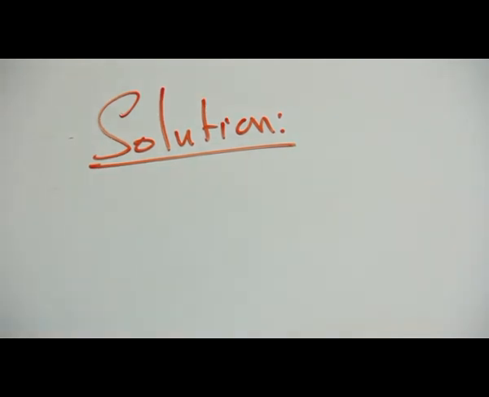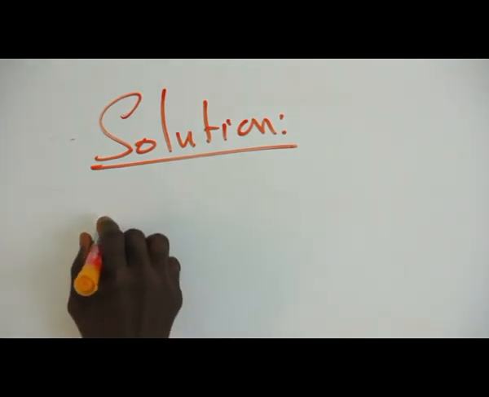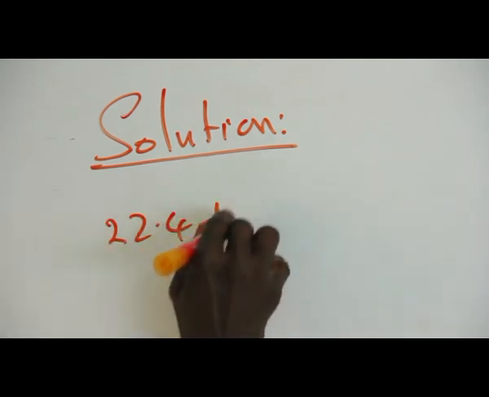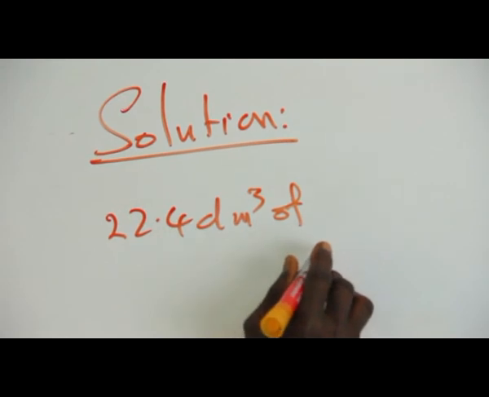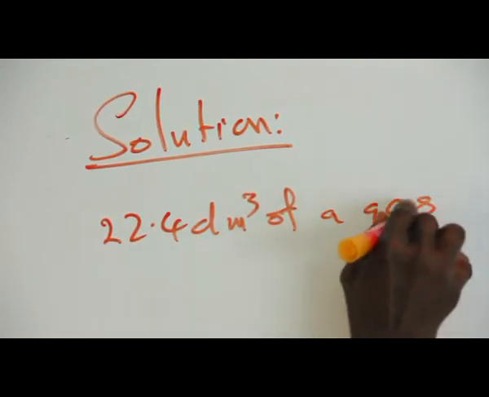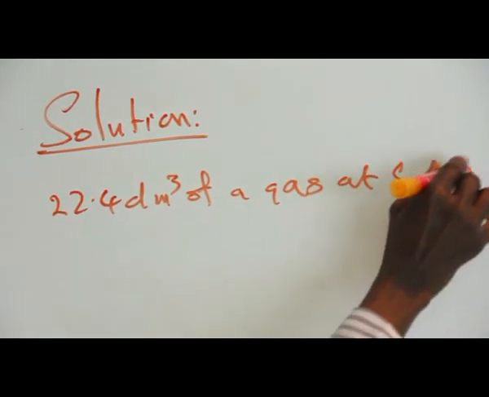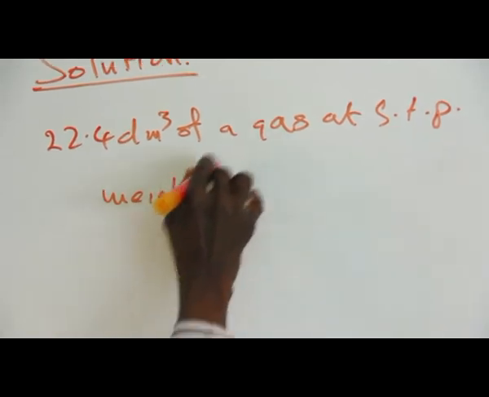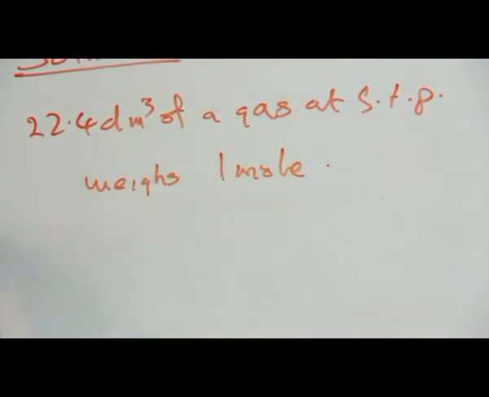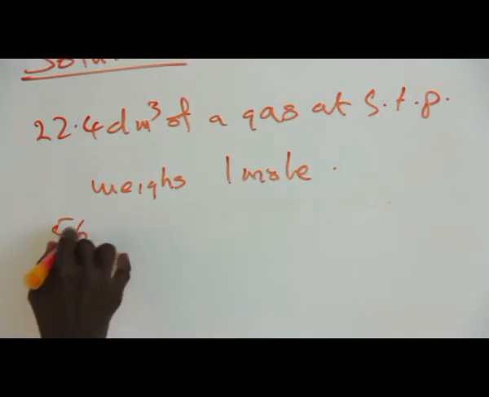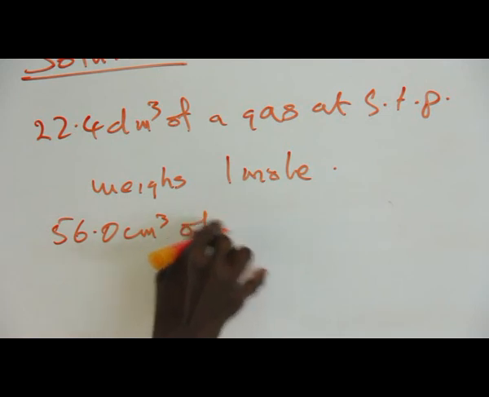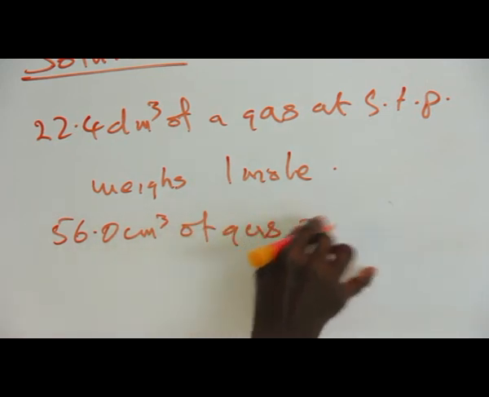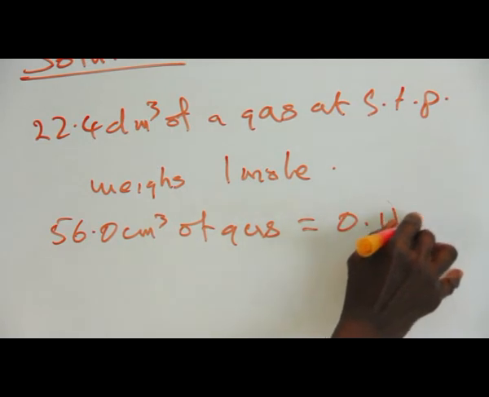Solution: it is worth remembering that 1 mole of any gas at STP occupies 22.4 dm³. That is 22.4 dm³ of a gas at STP is 1 mole. 56.0 cm³ of gas weighs 0.11 grams.